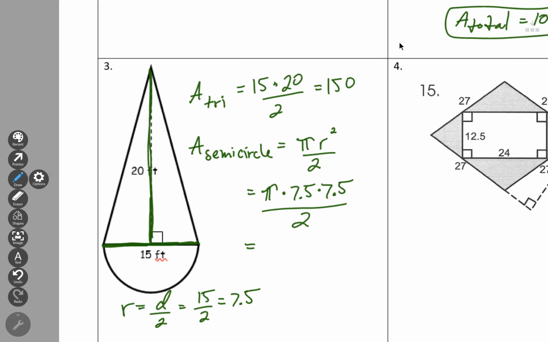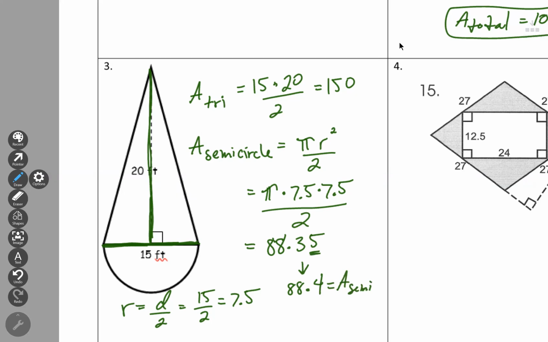So 7.5 times 7.5 times pi, and then divide that by 2, and we get 88.35. Okay, so we're going to look at the second number here, and that's going to make it round up because 5 and up we round up. So it's 88.4, and that's for our semicircle.